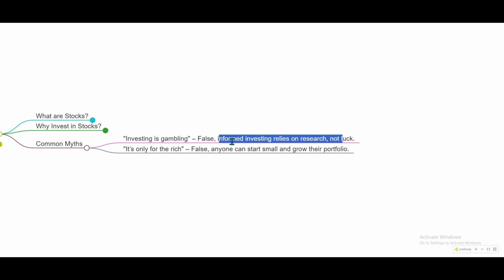So if you are investing on the basis of your own research, your own analysis, and you are investing in qualitative, fundamentally strong companies, then there is not much factor of luck, and it is a very informed decision.